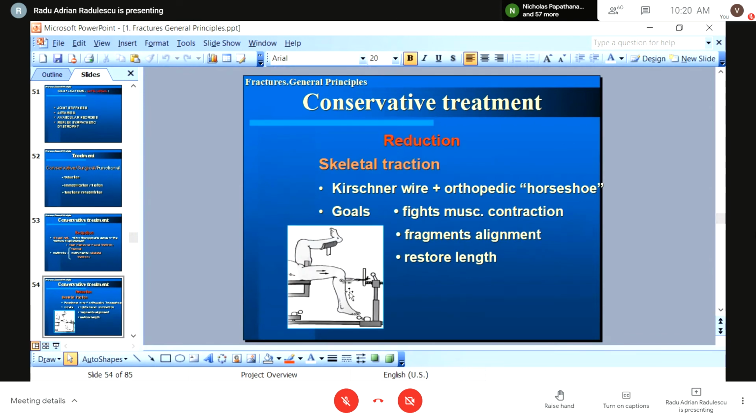For example, we have here an example of a skeletal traction when we introduce a Kirschner wire through one of the bone parts of the limb, and we attach to this pin a sort of orthopedic horseshoe which will apply traction in the long axis of the part of the limb. So this skeletal traction will be explained in detail by our assistant because we have a special subject for this skeletal traction.